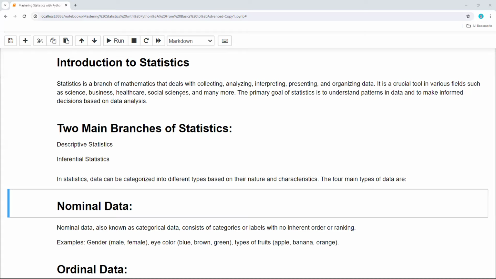In statistics, data can be categorized into different types based on their nature and characteristics. We have different types of data like categorical data and numerical data. Numerical can be continuous or discrete.